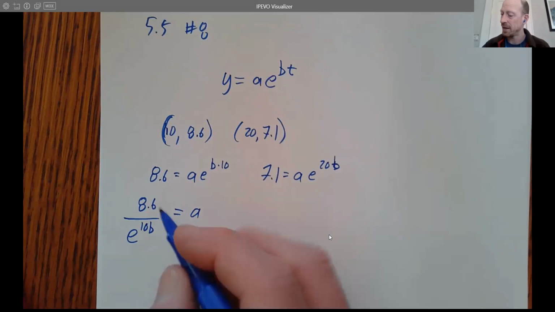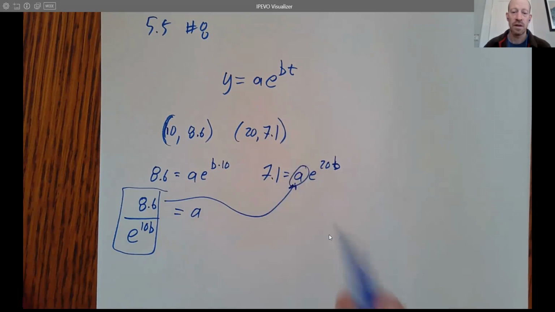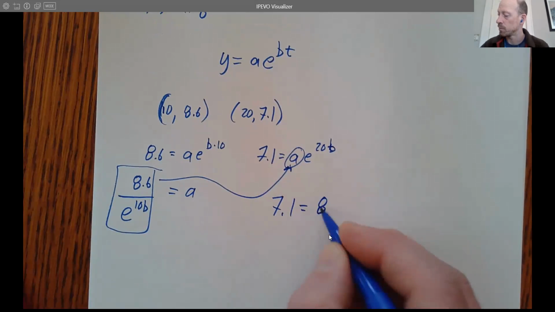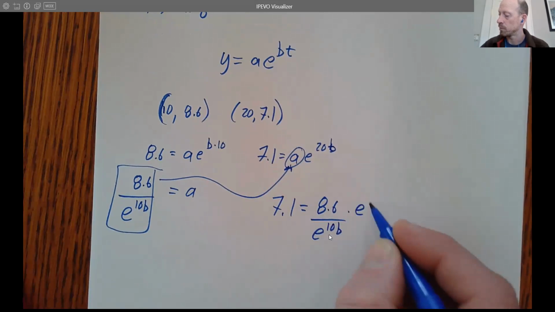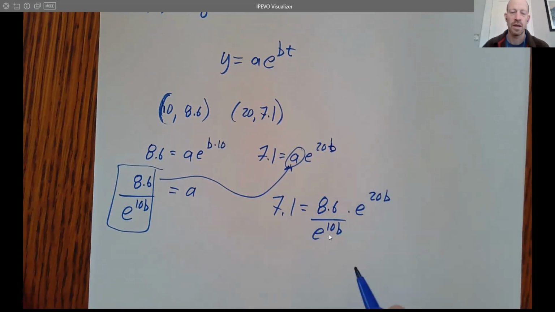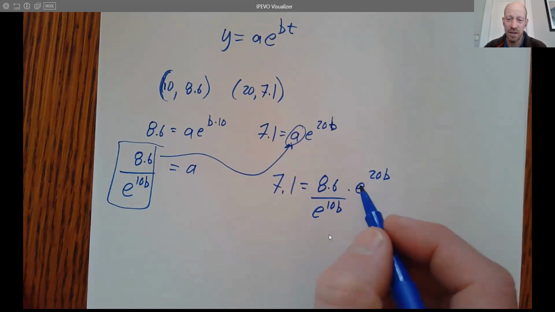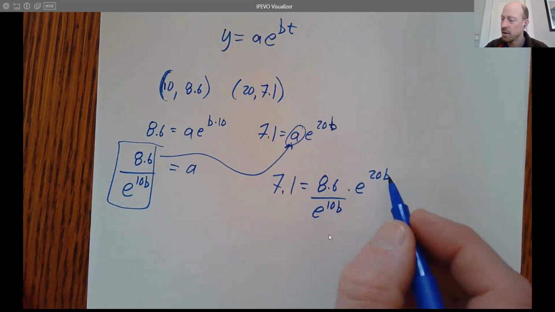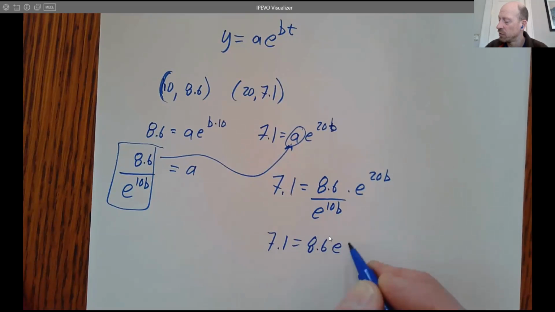So I solve for what A is, and then I put that into this equation. It may look bad, but it's actually not bad, because these have the same base, this E. Because this exponent is on the bottom, I subtract that from that. And so I get 7.1 equals 8.6 E to the 10B.